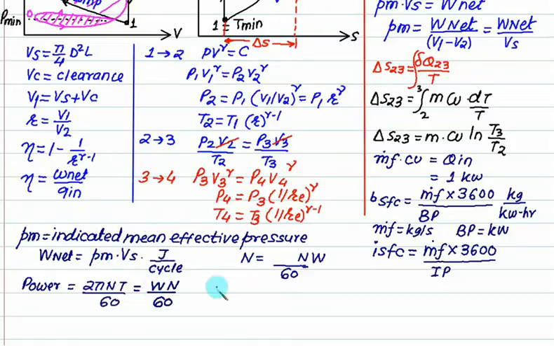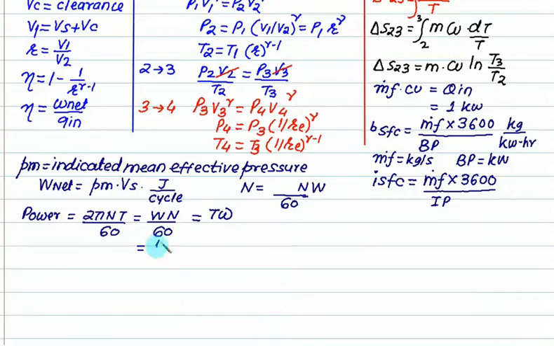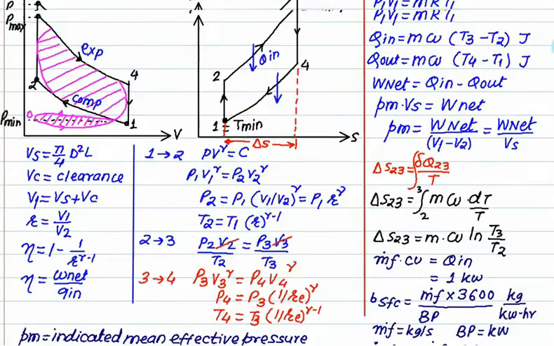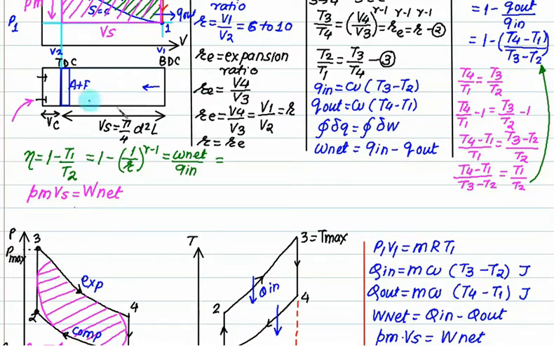Otherwise this equation can also be written as T into omega, or PM into Vs into N divided by 60. Vs is actually the area of the cylinder multiplied by stroke length.